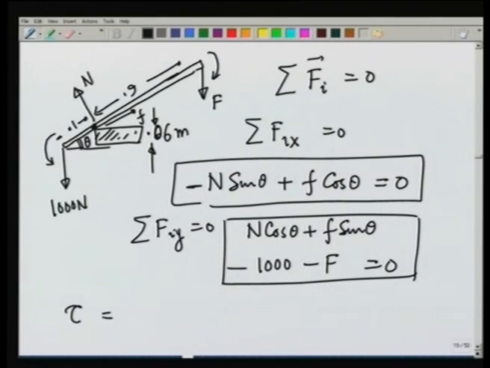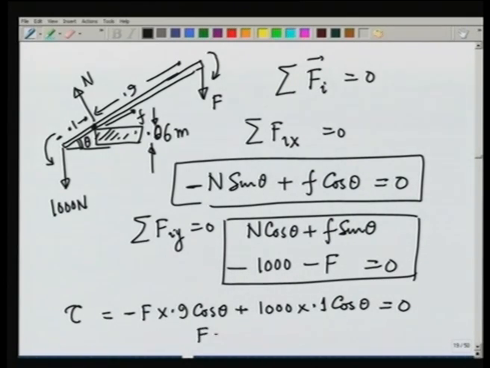Clockwise would give me a minus k. So, minus F times 0.9 cosine theta plus 1000 times 0.1 cosine theta is equal to 0, and therefore, F comes out to be 1000 over 9, which is roughly 111.11 newtons, and that is your answer.